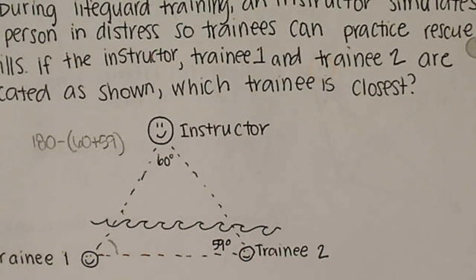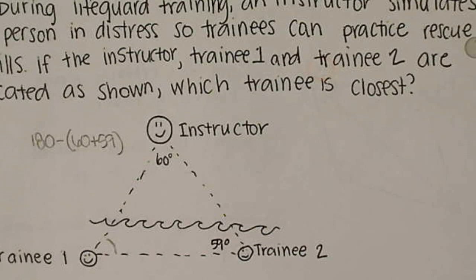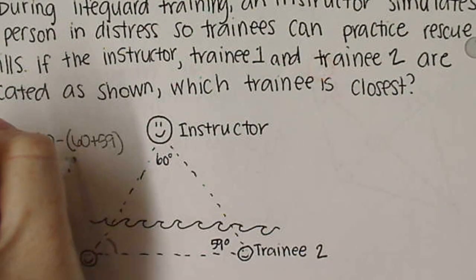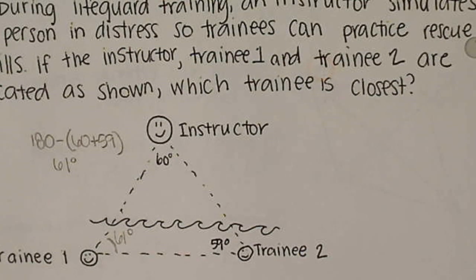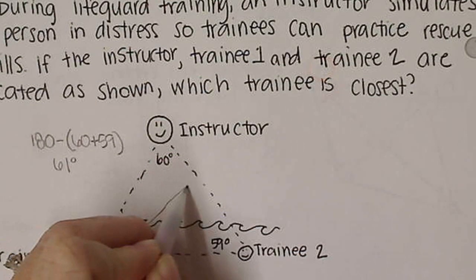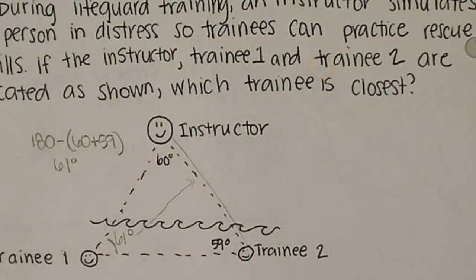So let's figure that out. What do you get? You should get that it's 61 degrees. Okay, since that's the largest angle, what side is going to be the largest side? If you draw your arrow, this side right here is the longest side.